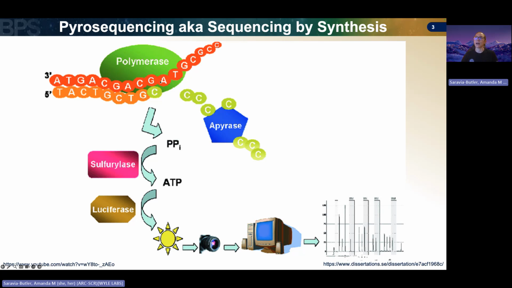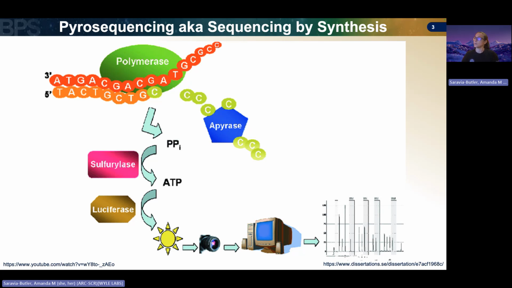If there was not a G here next, we would not see a light signal because, of course, C will only hybridize with guanines, with G. Then another enzyme, apyrase, will be added to this reaction, and apyrase is essentially going to eat up and get rid of all of those loose cytosines in this example, and we'll be able to wash this away and then start all over again with a different deoxynucleotide triphosphate.